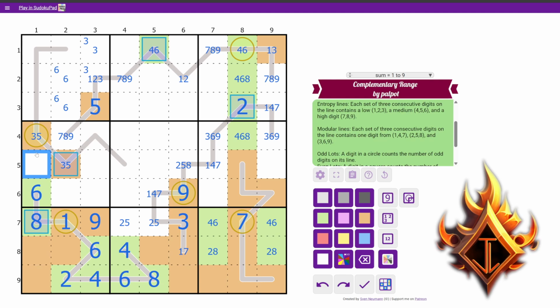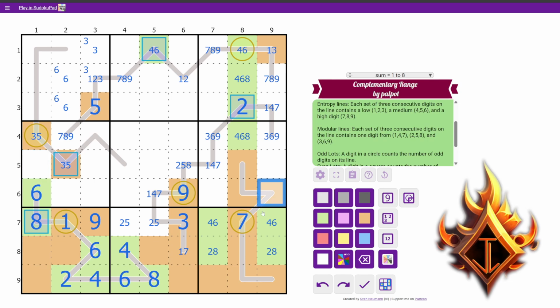Would that mess anything up? Don't see how it would. 9 cannot go here.